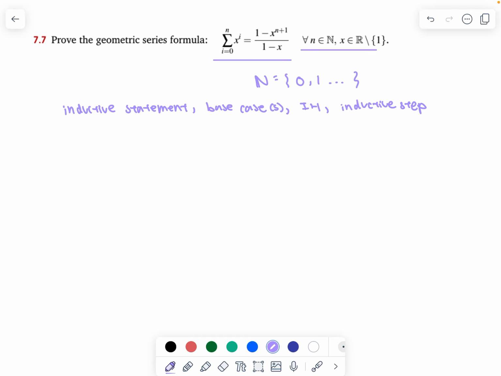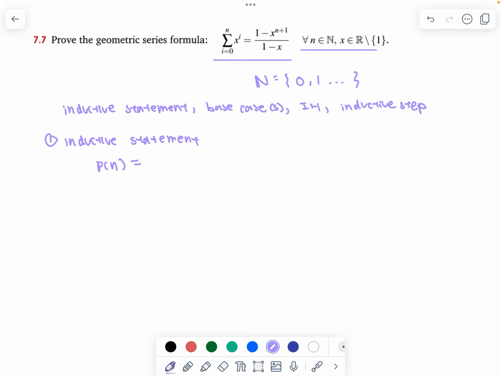So starting with our inductive statement, the inductive statement is always in the form P of n equals something. So to be more specific about this, the inductive statement is the exact claim that we're trying to prove for each n.